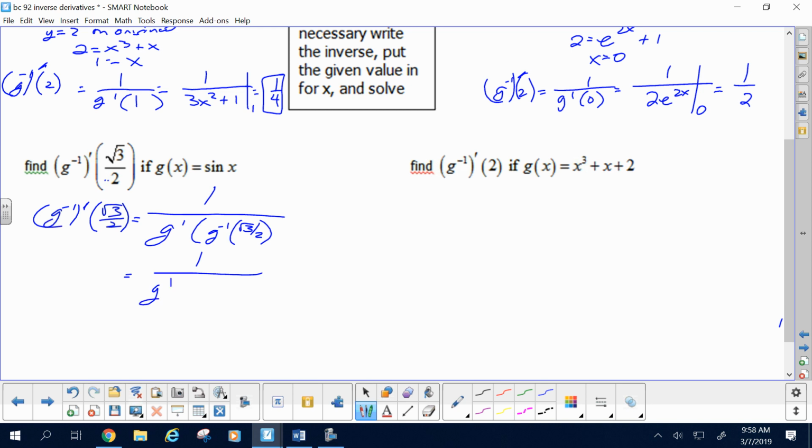And you don't have to keep writing all that, when x is this, y is that stuff. If that helps you, great. But if you can just mentally figure out what the inverse of sine at root 3 over 2 is, cool.